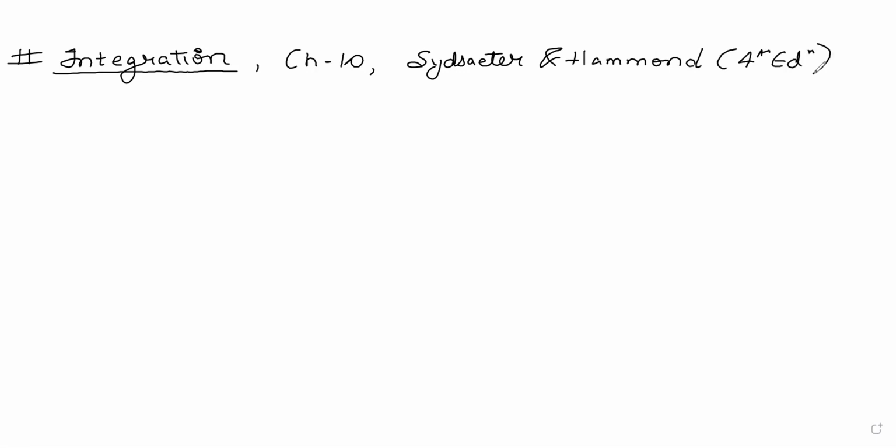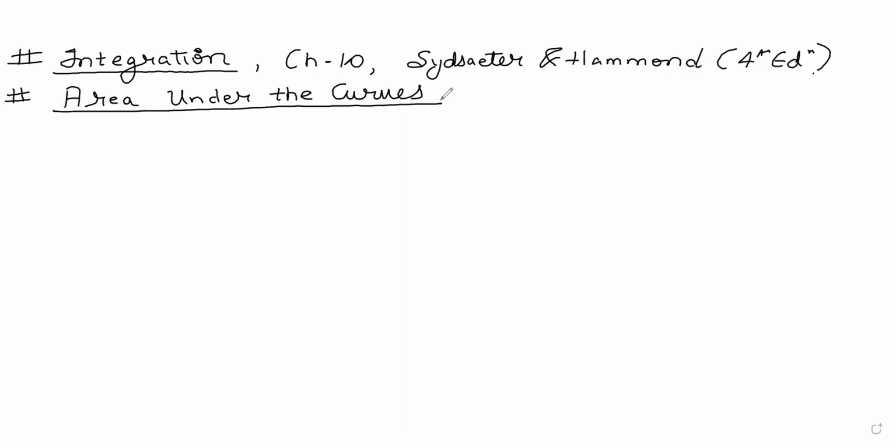So let's start with the lectures on integration. Now, the first topic we are interested in looking at is how to find the area under the curve. So all students can write this heading, area under the curves. This is the first subtopic within integration.